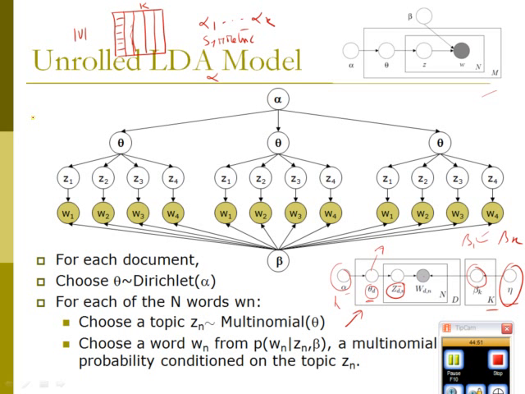Suppose I have three documents, and each of the documents has 4 words. In that case, this is how the unrolled version of the picture looks.